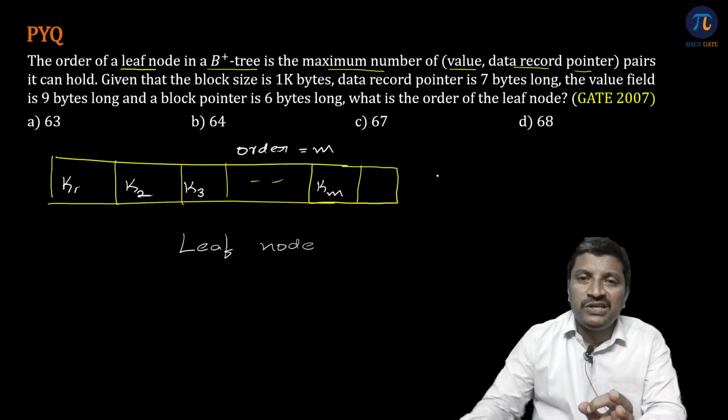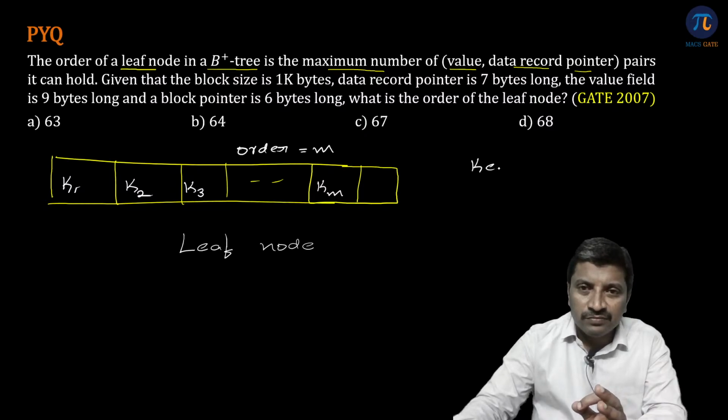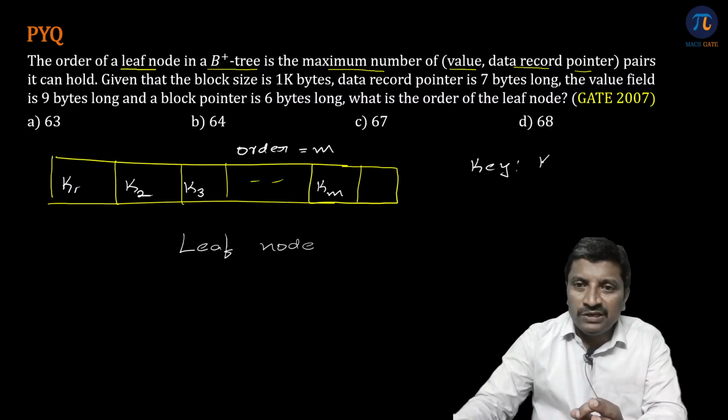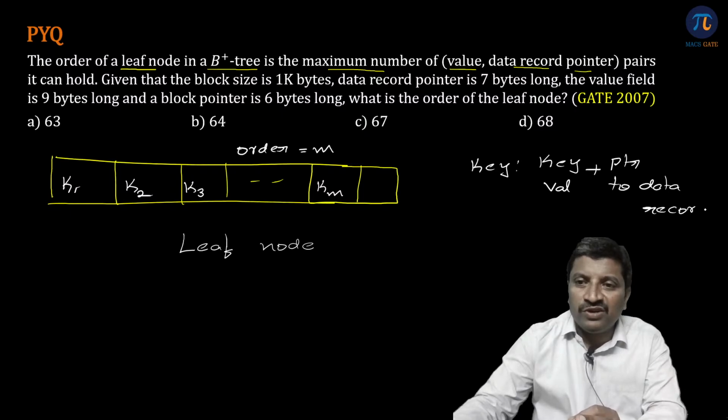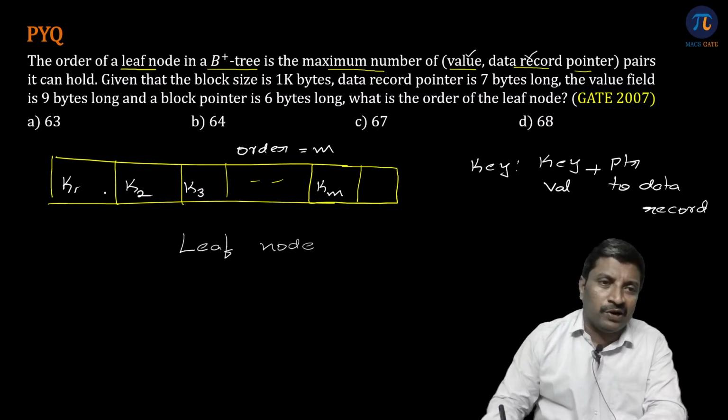Now, key here means not just the key, sir. Key value plus the pointer to the data record, the pointer to the data record which contains that particular value. This is what we have learned. The same they have given, sir. Value, data record pointer.